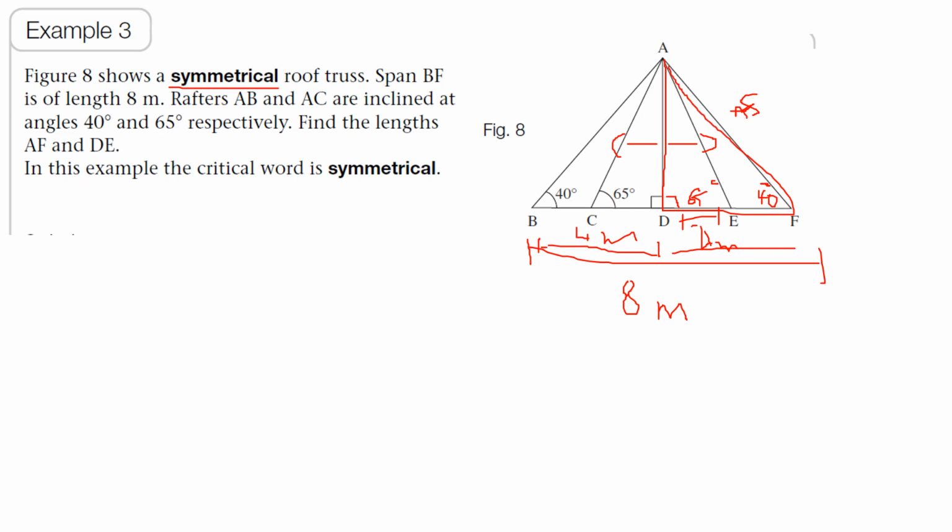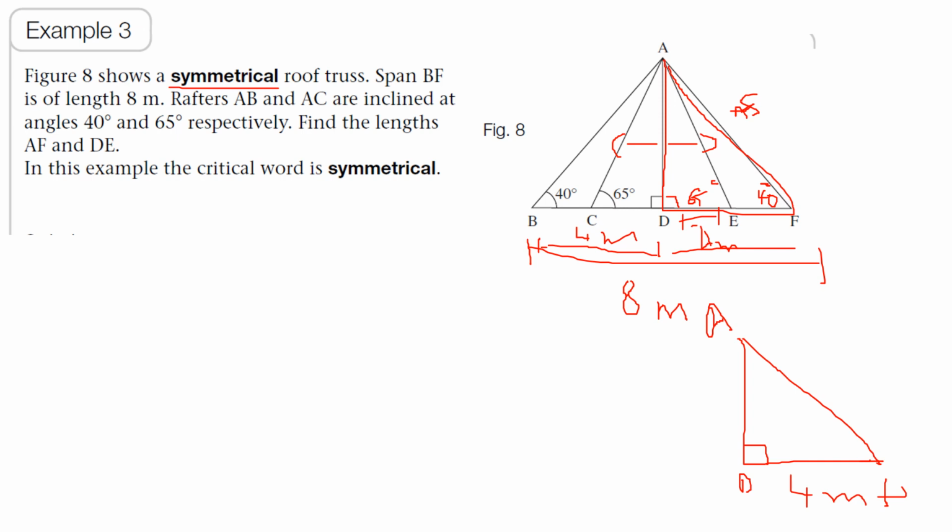Let me just draw the triangle here. If you separate ADF from there, you can see the value at the bottom is DF. Remember they say symmetrical, and BF is 8, so DF will be 4 meters.